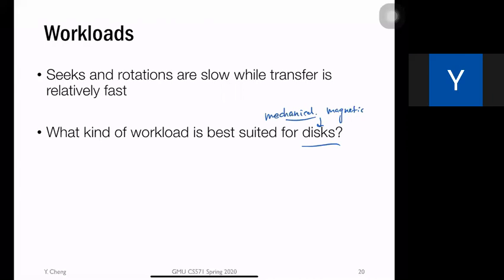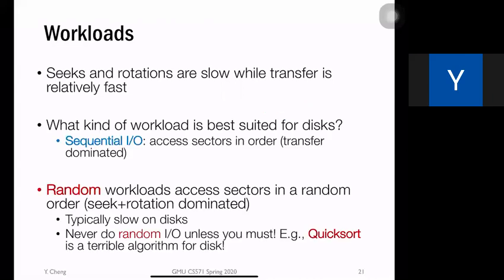But what kind of workload is best suited for disk? Obviously, the workload that could take advantage of this sequential disk bandwidth, namely large sequential reads, large sequential writes. So the answer is sequential I/O, right?